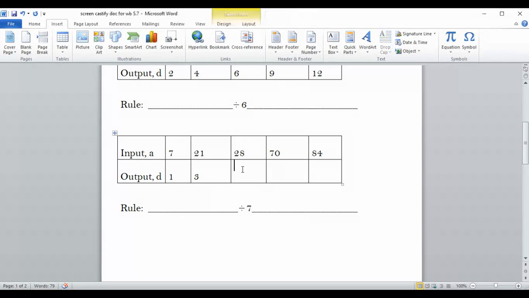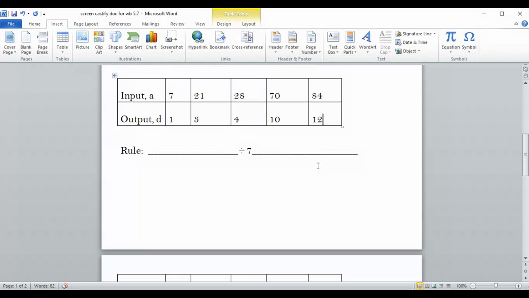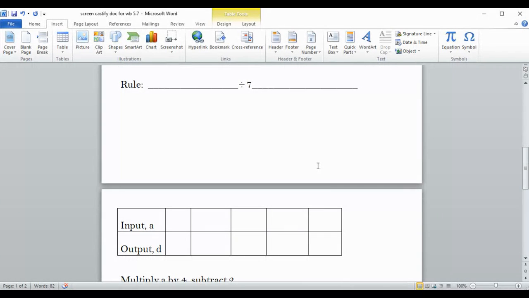What happens if we have 28? 28 divided by 7 gives us 4. What about 70 divided by 7? That's 10. And 84 divided by 7, what is that? That's 12. All right. You're pretty professional at those input-output charts, I know.